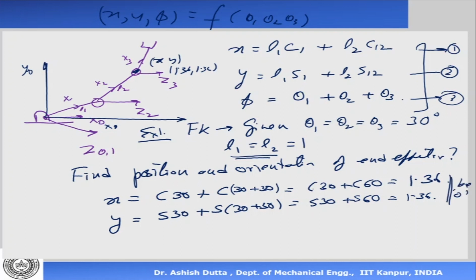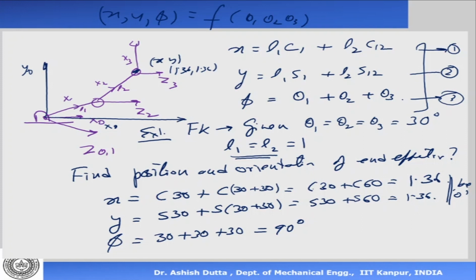What is phi now? Phi is equal to theta 1 30 plus 30 plus 30, which is equal to 90 degrees. So it will look something like this. This is 90 degrees, so it should be here, there.